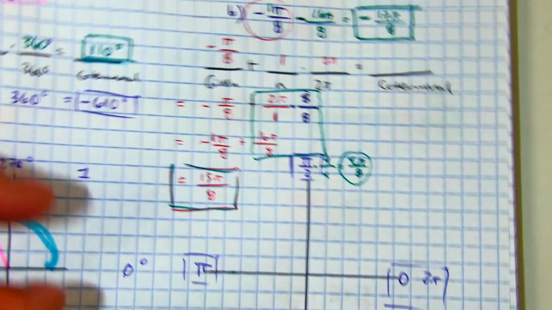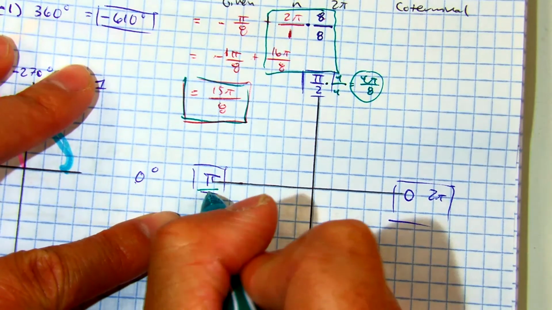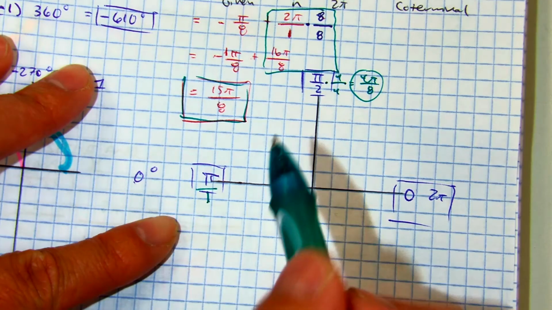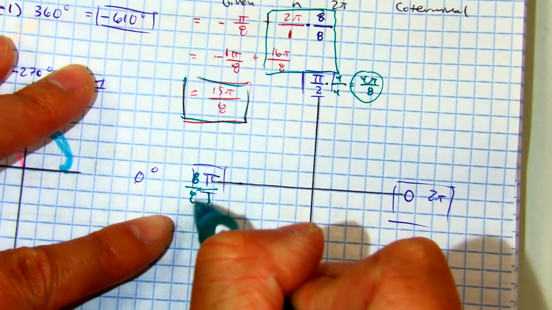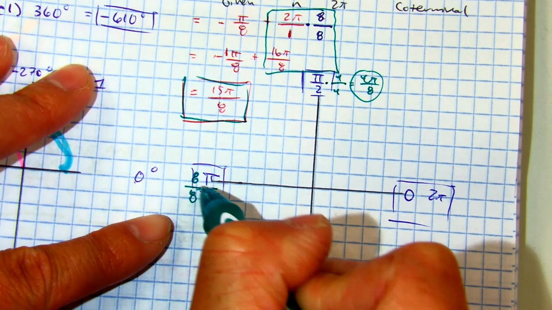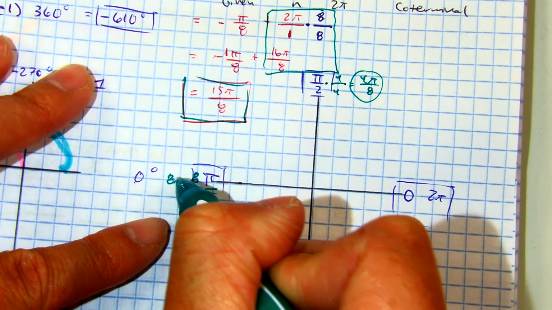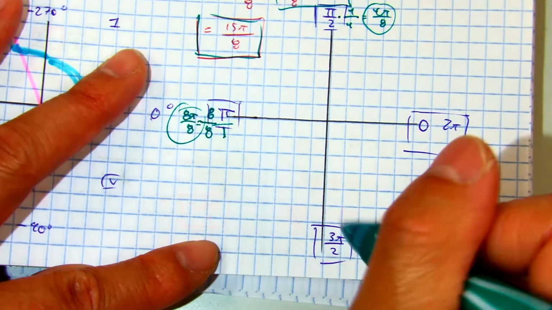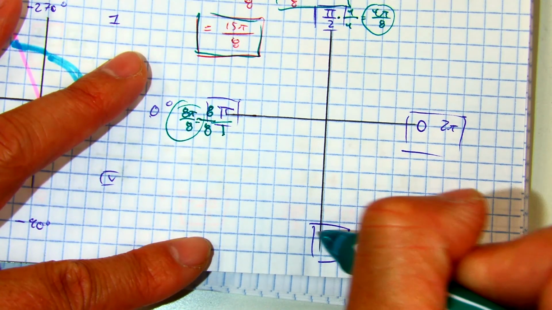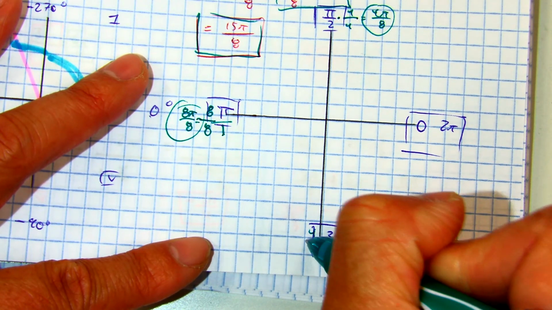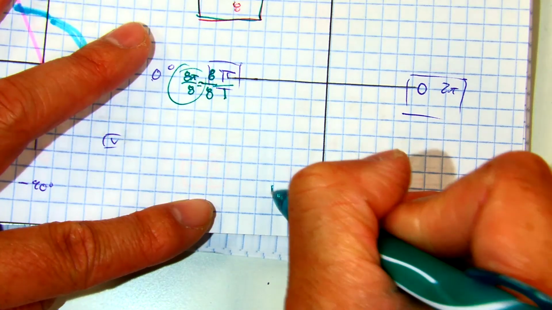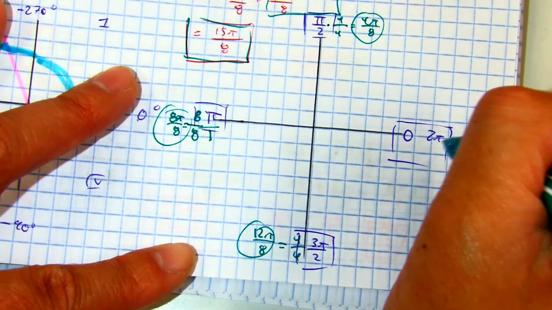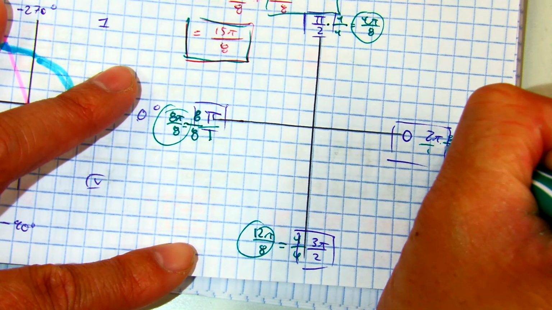Sebastian, this one will become what? What do you have to multiply it by? So we're trying to get denominators of 8. Yep, 8 over 8, and that'll give you 8 pi over 8. Sebastian, this one? Yep. So I have 12 pi over 8. And we already figured out that this one is going to be 8, so that's 16 pi over 8.